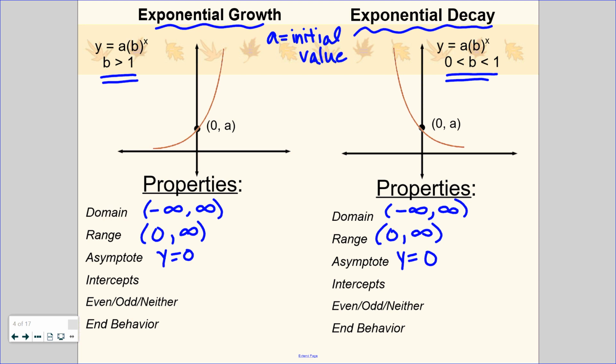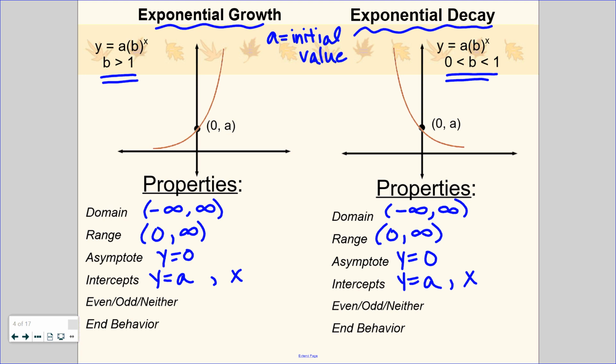Intercepts. Let's start with a y-intercept. You have a y-intercept where? Not at 0. At A. Whatever that happens to be, our initial amount or starting value for both of them. X-intercepts. Do we have x-intercepts? Does it touch the x-axis?